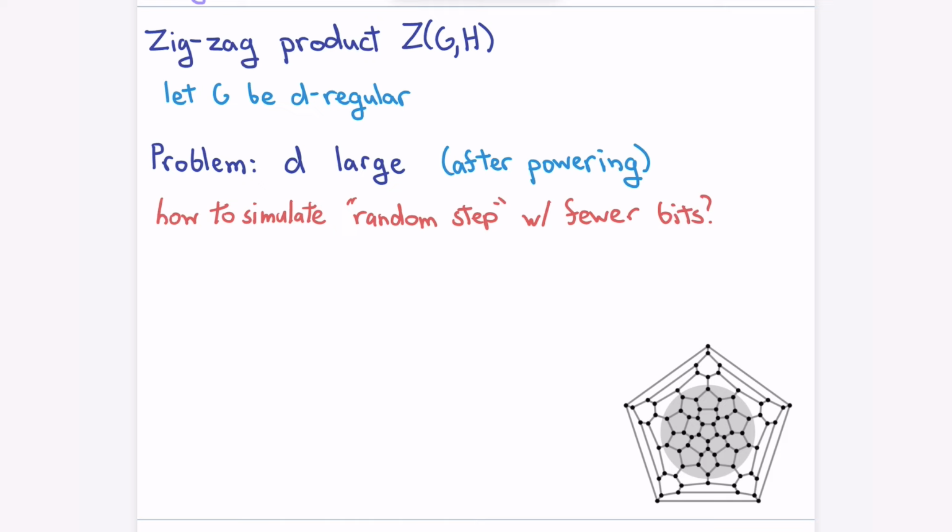Imagine D is moderately big. Suppose I had an expander with D vertices and degree 3 in this picture.